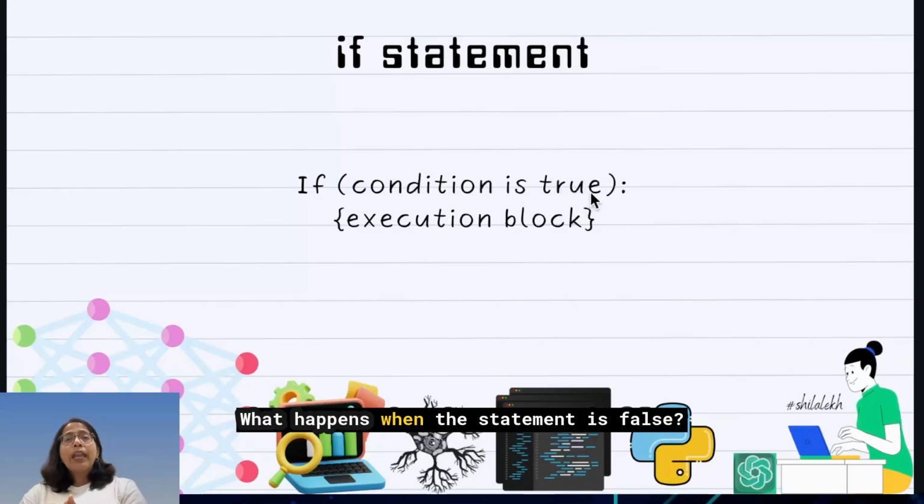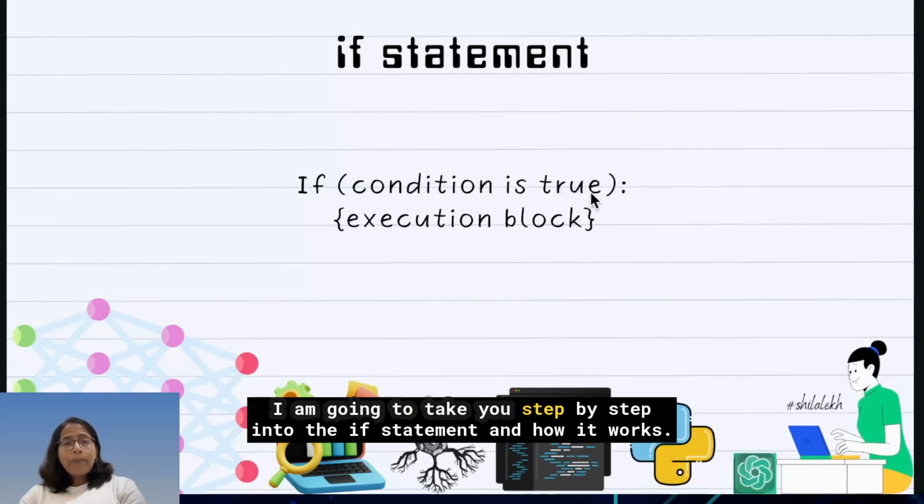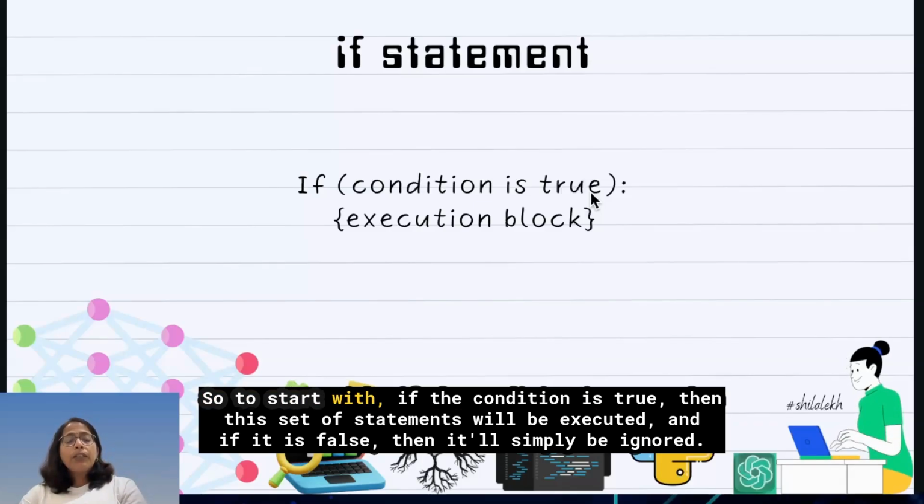What happens when the statement is false? To start with, I am leaving that out. I am going to take you step by step into the if statement and how it works. So to start with, if the condition is true, then this set of statements will be executed, and if it is false, then it will simply be ignored.